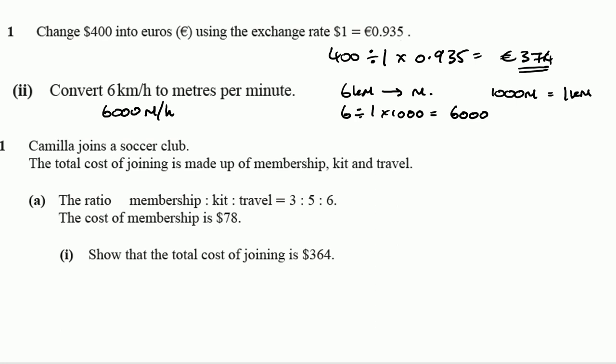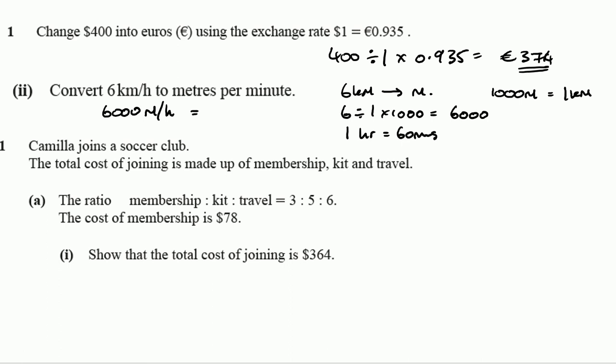Now I want to go to meters per minute. Now we know, of course, that 1 hour is worth 60 minutes. So I need to get away from my hours and into my minutes. But think about this carefully. If we're doing 6,000 meters per hour, I'm going to do less meters per minute. So I know I have to divide by 60.